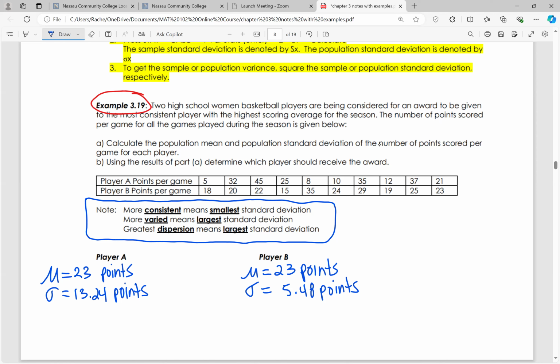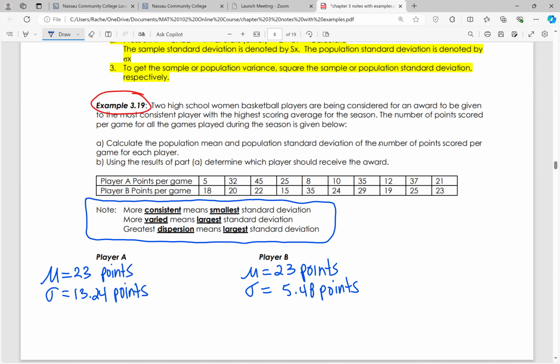More variation means a larger standard deviation. Dispersion is another word for spread, so the greatest dispersion means a larger standard deviation. The higher the standard deviation, the more spread, the more variability, the less consistency. The smaller the standard deviation, the smaller the spread and the more consistent the data values are.